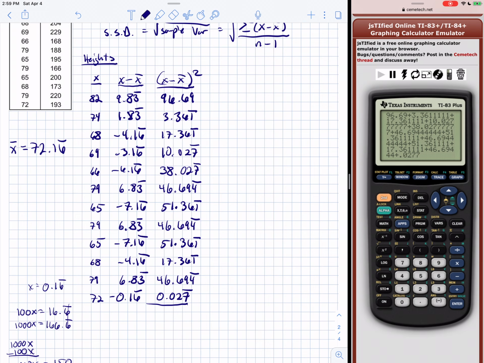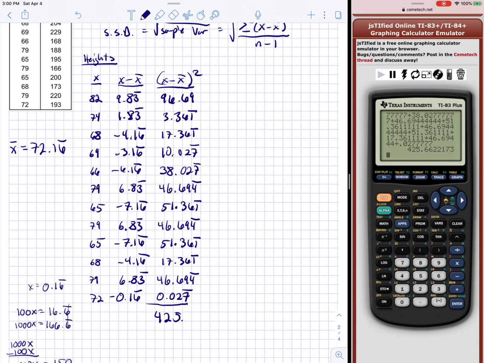Okay, so that'll be the sum of the squares. 425 point, this one ends up being 425 point.